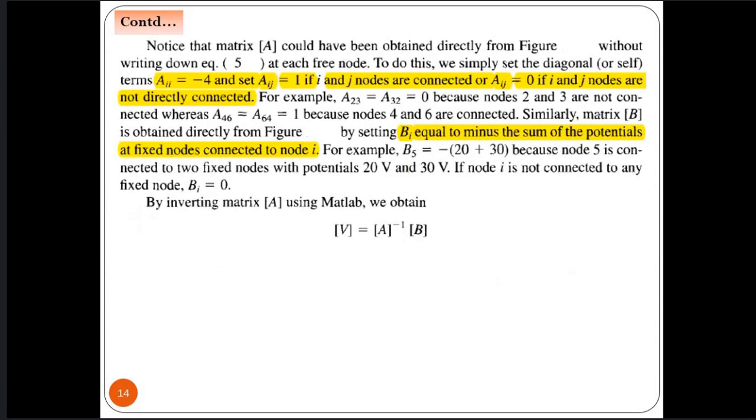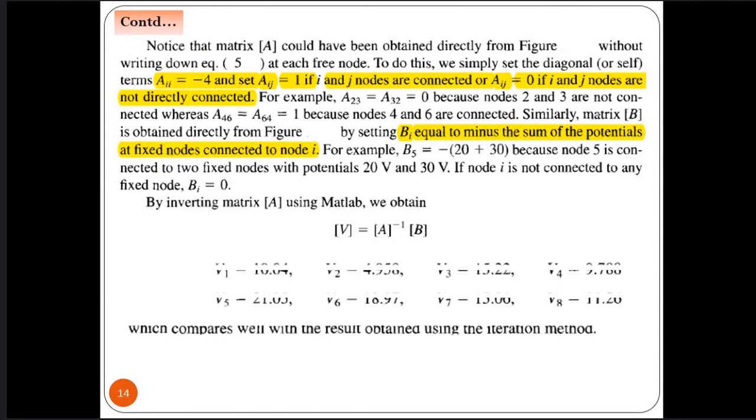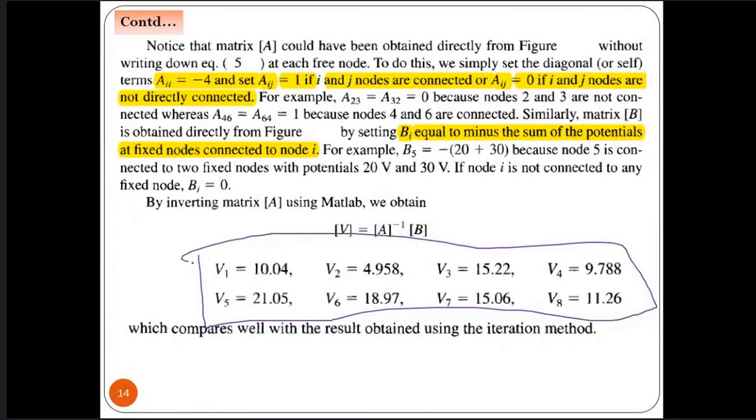In the exam, the problem is given considering this point, so that you can solve it manually. After solving the corresponding matrix using MATLAB, the potentials of the nodes are calculated. You can compare this result with the iteration method. They are closely matched.